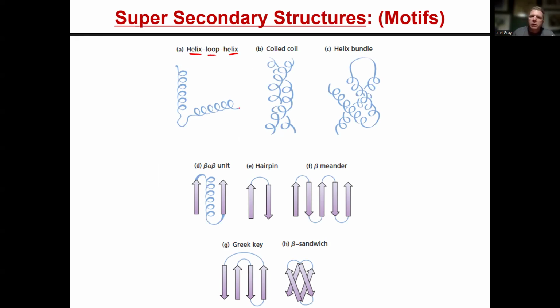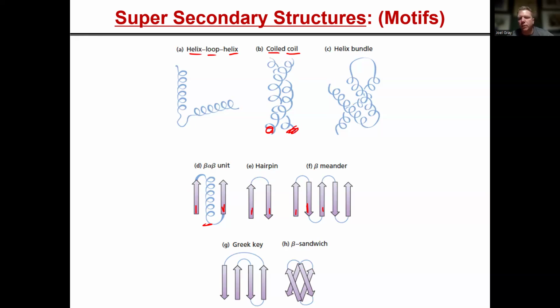There's a helix loop helix structure. There's a coiled coil. So this is one coil and another coil that wrap around one another to form a coiled coil. A helix bundle, a beta strand, alpha helix, beta strand unit, a hairpin loop, a beta meander, a Greek key, and a beta sandwich.